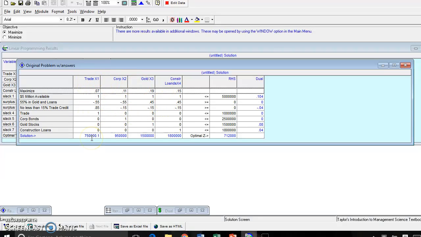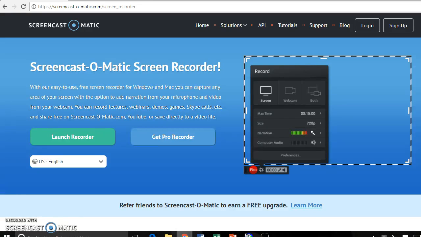We can say the optimal production model here is 750,000 in trade credit, 950,000 in corporate bonds, 1.5 million in gold stocks and 1.8 million in construction loans, for a total profit of $712,000. Again, that's a quick overview of our model here, and thank you very much.